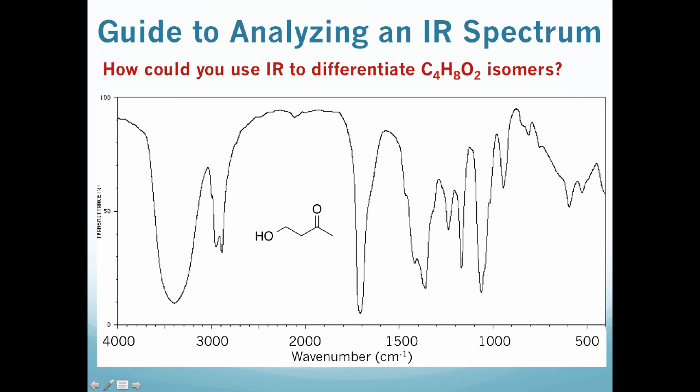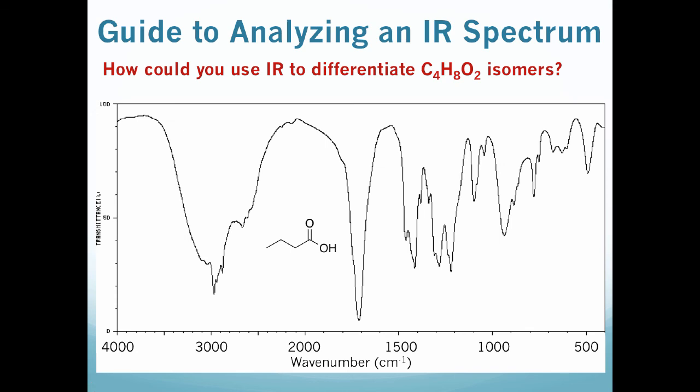Our third spectrum must be the carboxylic acid, which we can see here. Now we still have this broad OH stretch, but now it's moved down to about 3000 wave numbers. So we can kind of see it here, and that is diagnostic of a carboxylic acid OH. We also have the carbonyl, which is just above 1700.